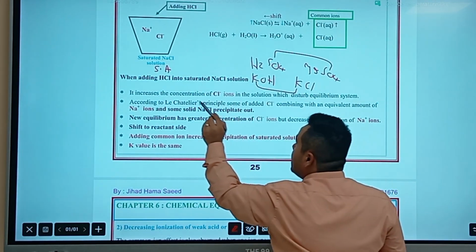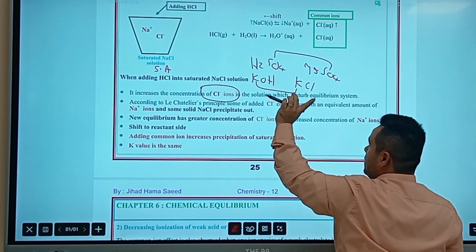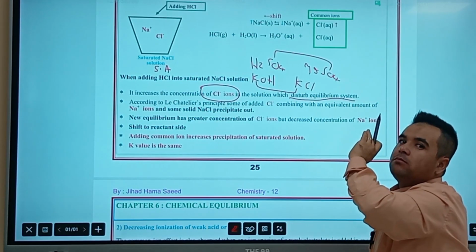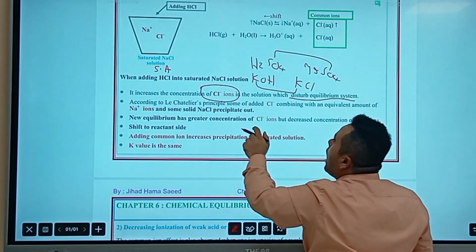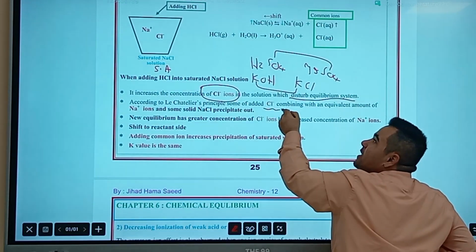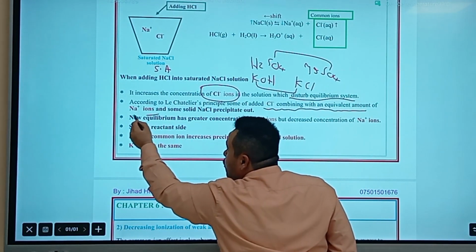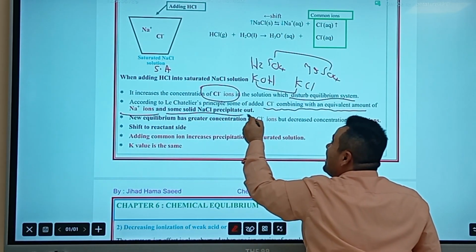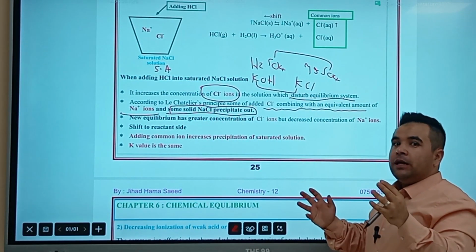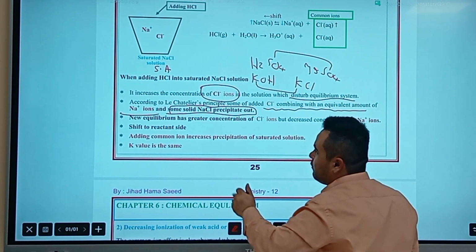What will happen? Increasing the concentration of the common ion in the solution disturbs the equilibrium system. In which direction? According to Le Chatelier's principle, some of the added Cl combines with an equivalent amount of Na ion and some solid NaCl precipitates out. So the addition of the Cl combines with Na to form NaCl.